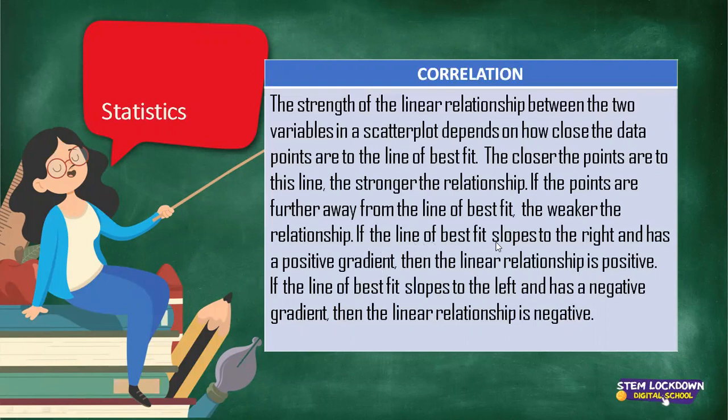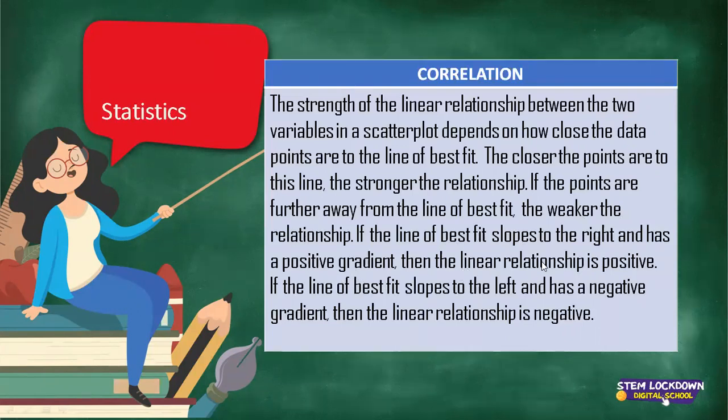If the line of best fit slopes to the right and has a positive gradient, then the linear relationship is positive.